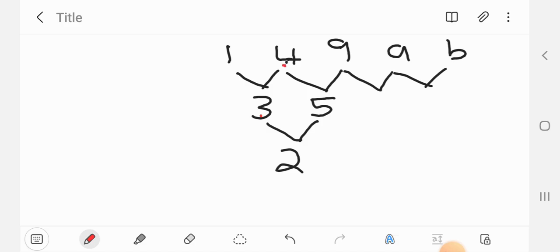And then 4 plus 5 gave us 9, which means 2 plus 5 is going to give us what? 7. 2 plus 5 will give us 7. Again, 3 plus 2 gives us 5. 5 plus 2 gives us 7. So here we'll have 7. So meaning we'll say 9 plus 7 to get A. So 9 plus 7 will get us A. So A is 16.